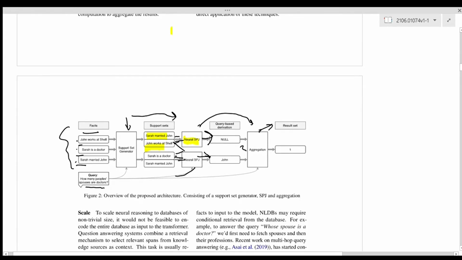If not, it provides the values from a single support set. It also provides a token if we want to go to the aggregation model to aggregate multiple neural SPJ values to provide numerical values around the queries.